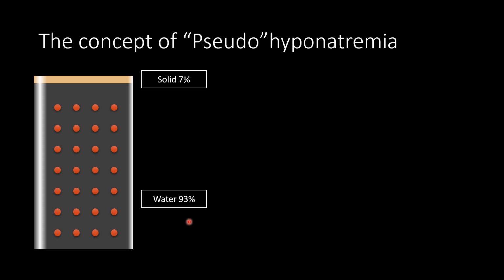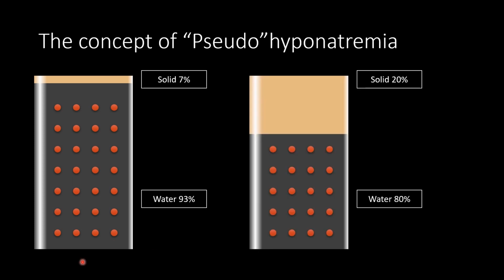Suppose some phenomenon happens which leads to an increase in the solid compartment, but the water compartment remains the same. That means the sodium present here is around 20 or 25 gram or something like that. As you can see, the electrolytes are equally spaced. That means the concentration of sodium in this water is the same as the concentration of sodium in this water.